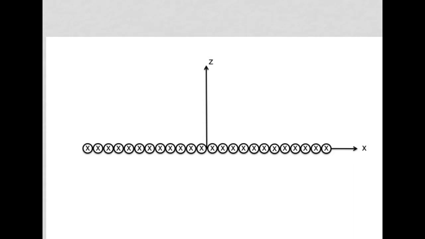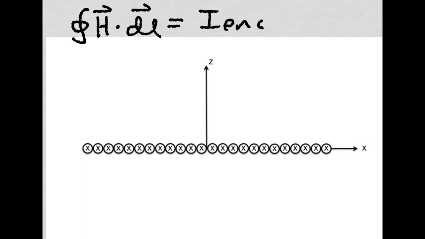Now we're going to apply Ampere's circuit law, that the integral of H dot dl around a closed path is equal to the current enclosed, to determine the magnetic field intensity due to our infinite sheet of current.